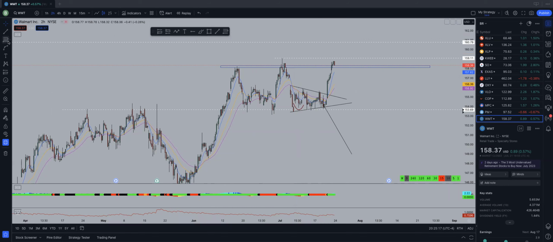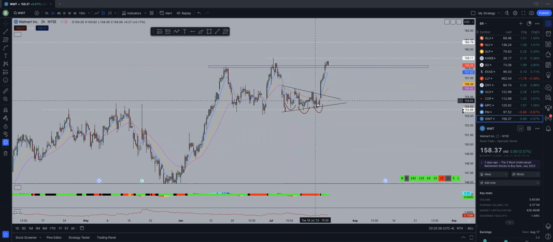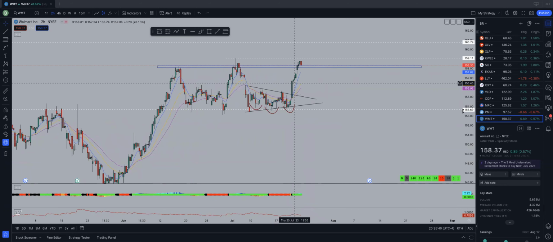There we go. And then check that out. Inverse head and shoulders. Just a part of the accumulation, the consolidation, the 85% of the time that we're in. And what do you know? The next day we caught that directional move.